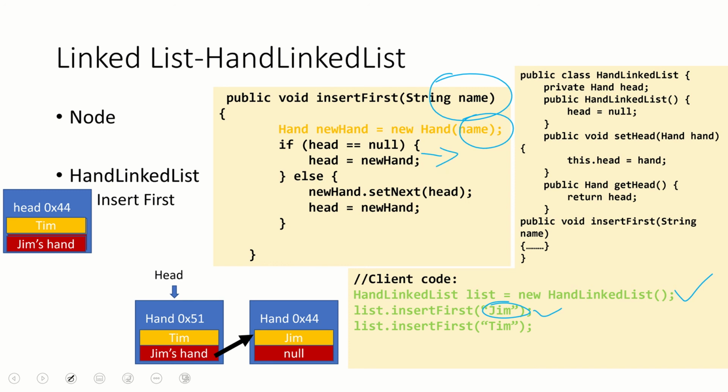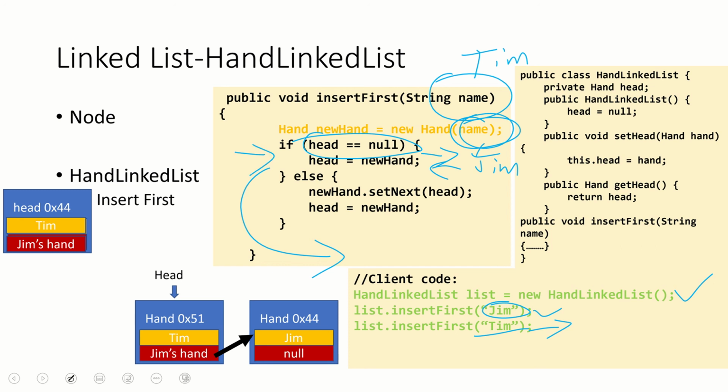At this point, the linked list is empty, which means the head is none. So we make the new hand, which is Jim, the head. Then we go out of this method. Then we go to the next line, where we want to insert Tim as the first. So right now over here is Tim, and then we create a new hand, Tim.